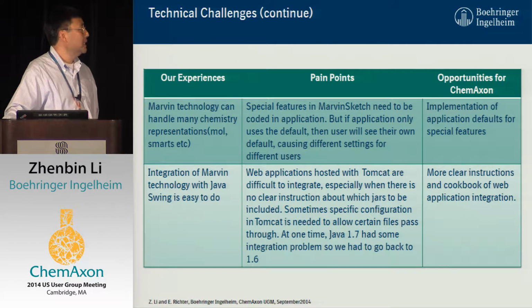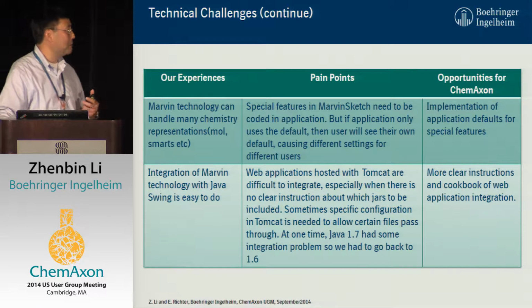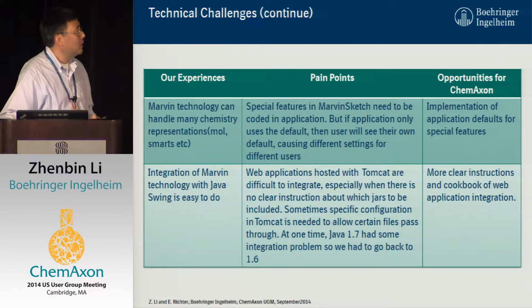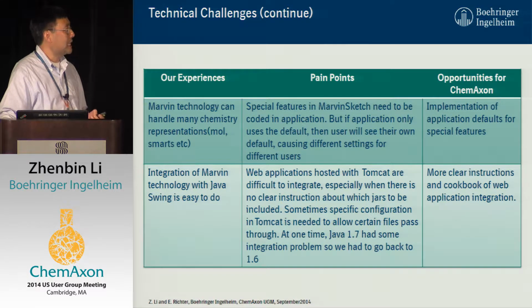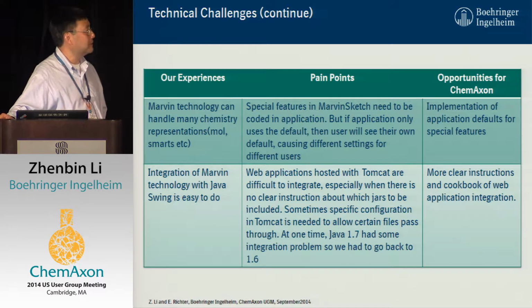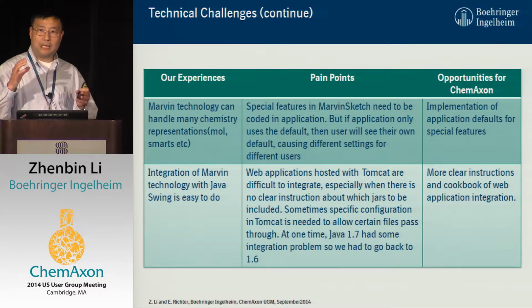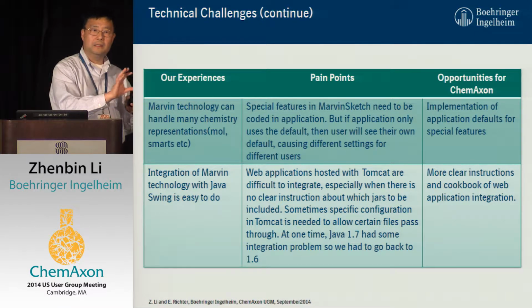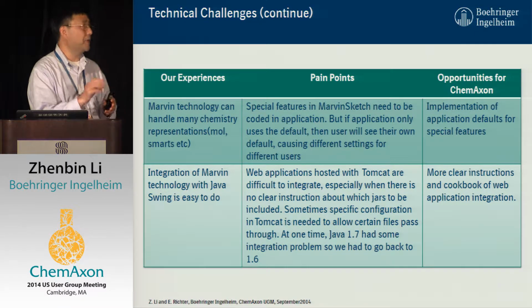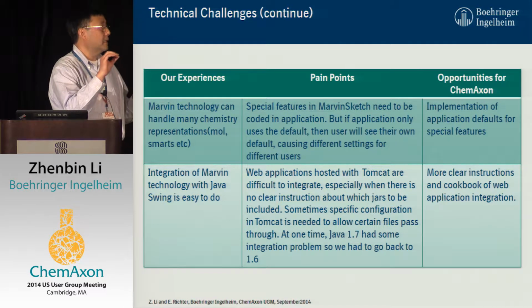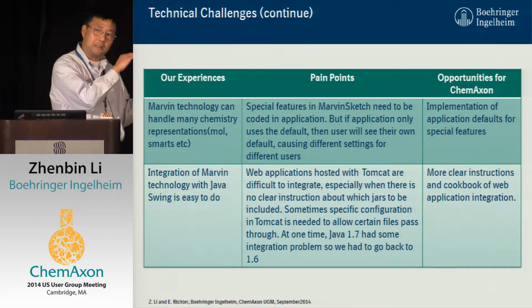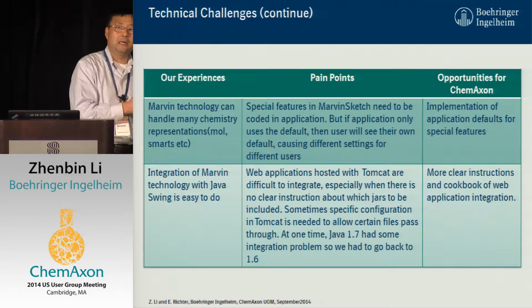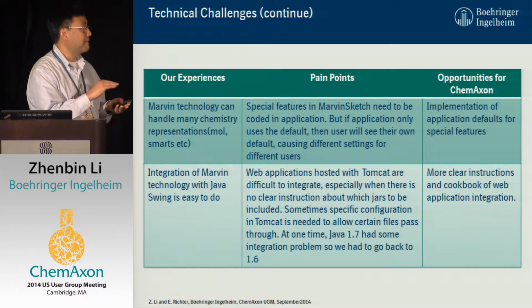Marvin technology is very good. It can handle many chemistry representations. One of these features, which I think we can talk about in detail after, is when we deploy the application and we want a default Marvin configuration, the application will pick up the user's default Marvin.